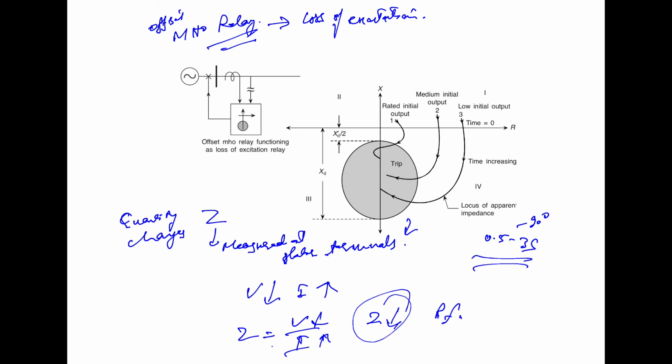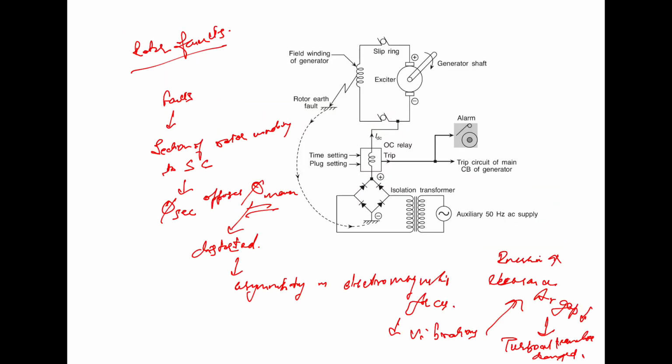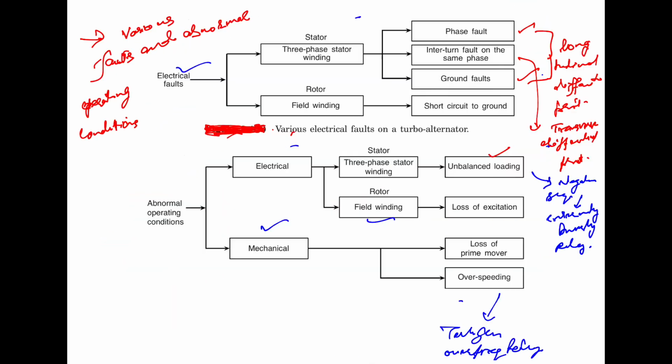For the loss of excitation, we use the offset mho relay, which is actually a distance relay. And for the loss of prime mover we are using the directional overcurrent relay.